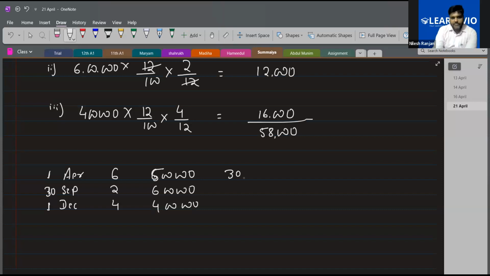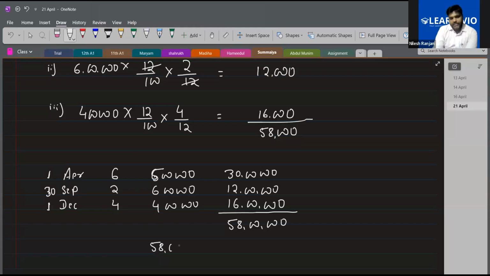So 30 lakh, 12 lakh, and 16 lakh. It is 58 lakh. Now 58 lakh into the rate, which is 12%, into 1 by 12. So it is 58,000.